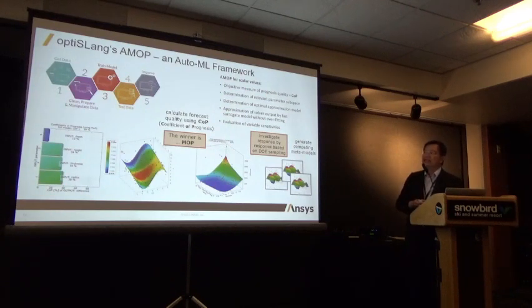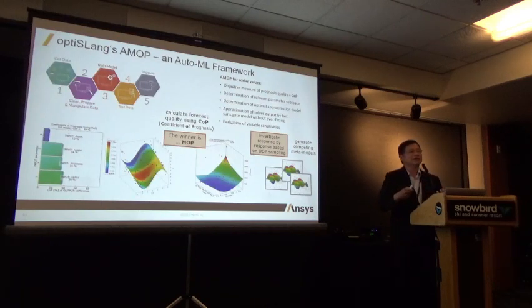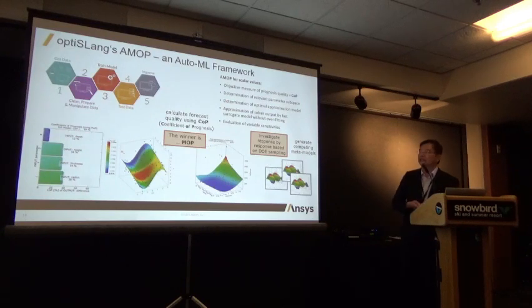OptiSLAM is an optimization tool that starts with a design experiment, for example, using the Latin hypercube. It can interface not only with the ANSYS multi-physics simulation tools, it can also interface with all the other tools from other companies.